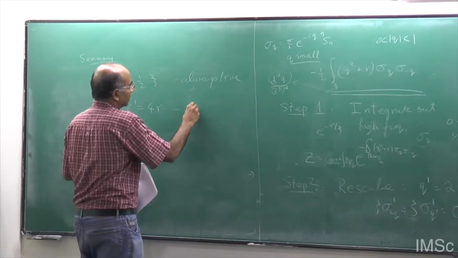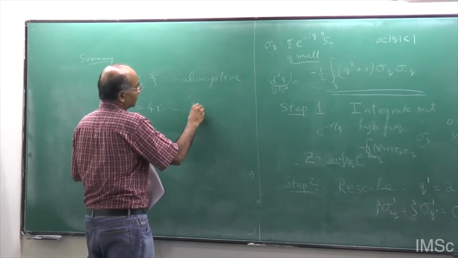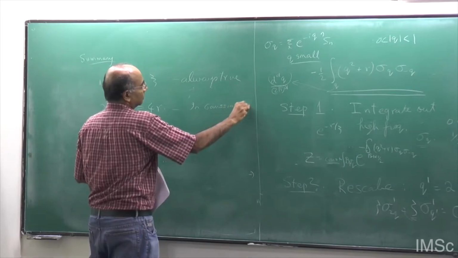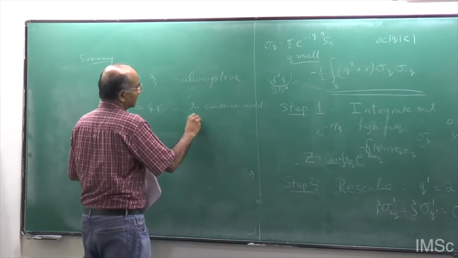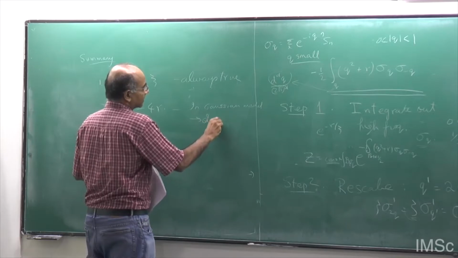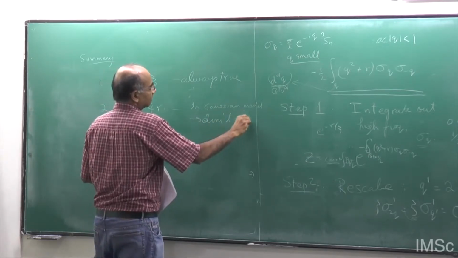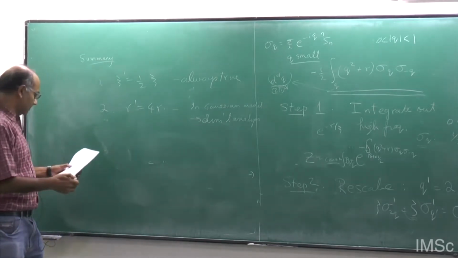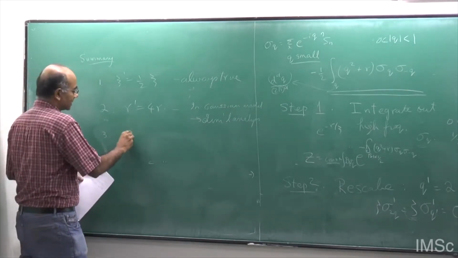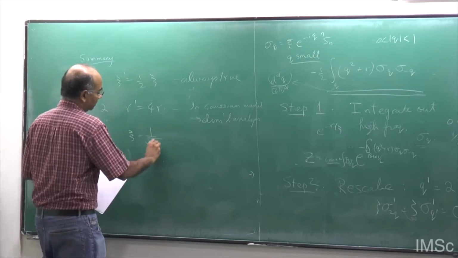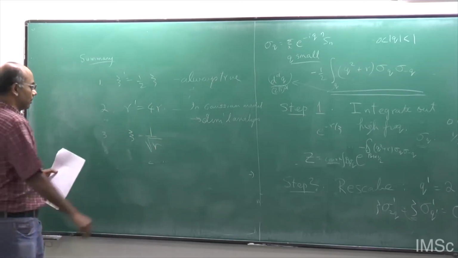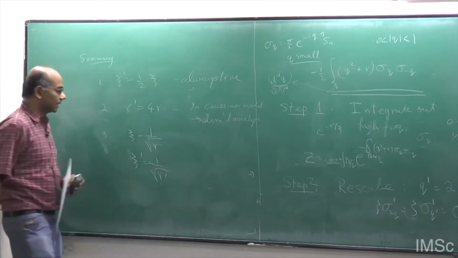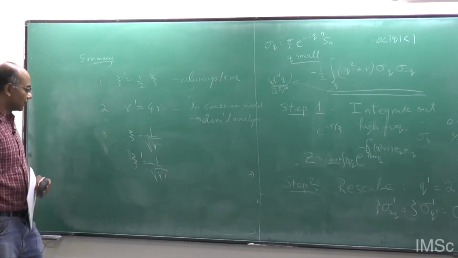So in the Gaussian model, this came from dimensional analysis, because R has dimensions of momentum squared. And the third point is that this relation is true.